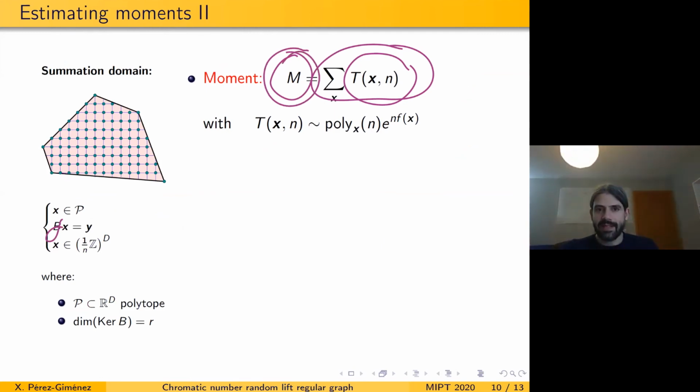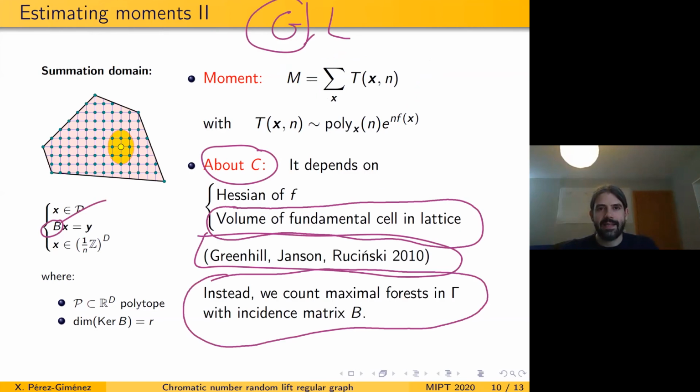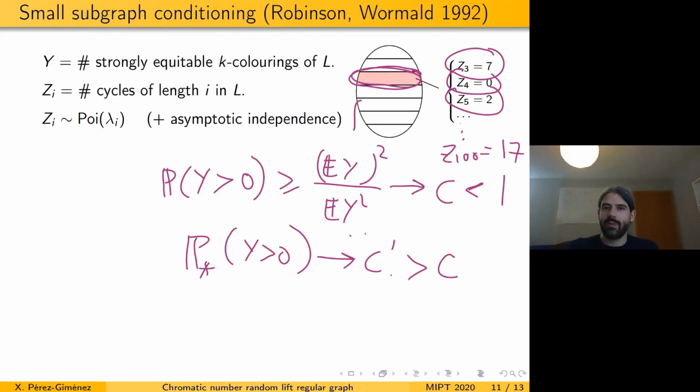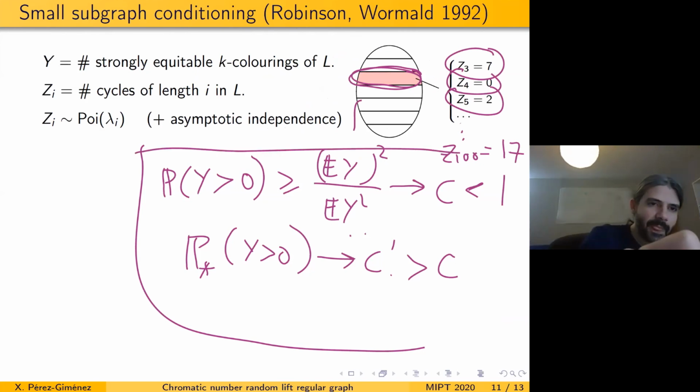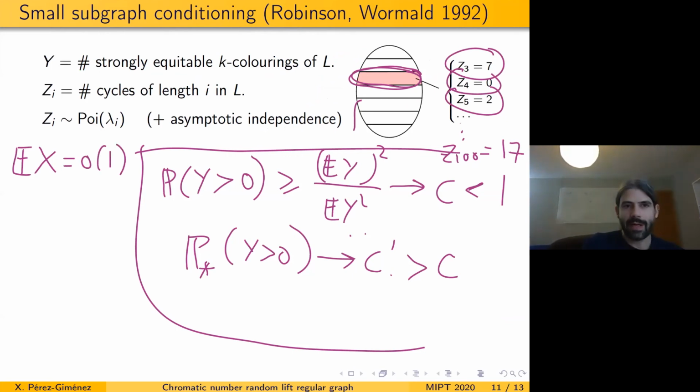The next thing I said is that once you have computed those moments, the lower bound of the chromatic number comes from showing that the expected number of colorings goes to 0 if you don't allow enough colors. So that's for the lower bound on the chromatic number.